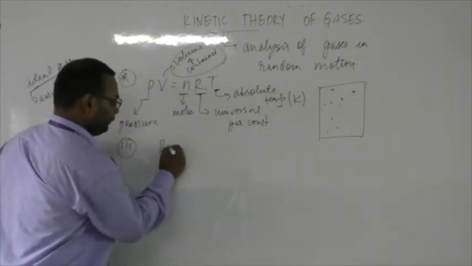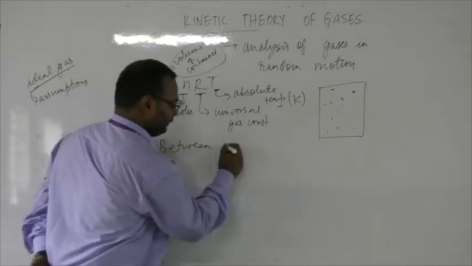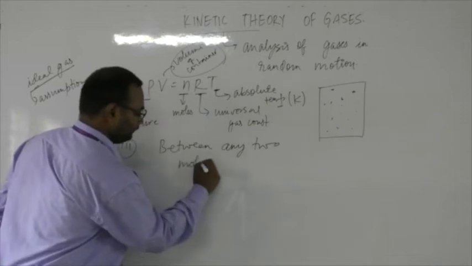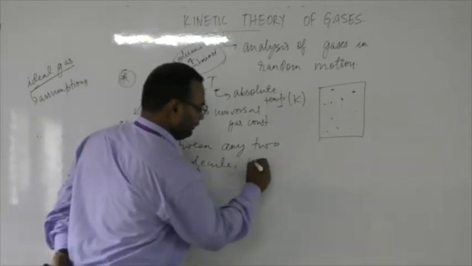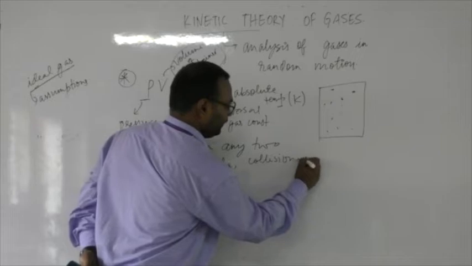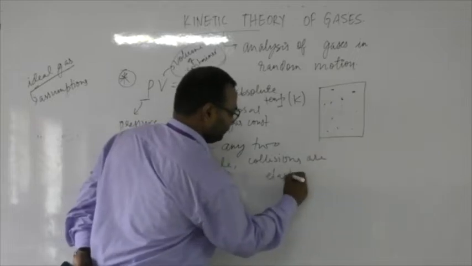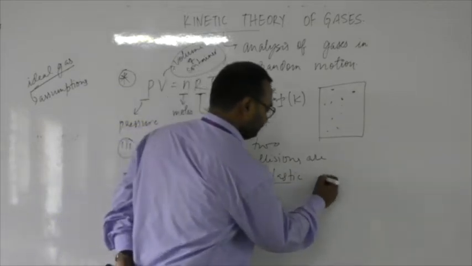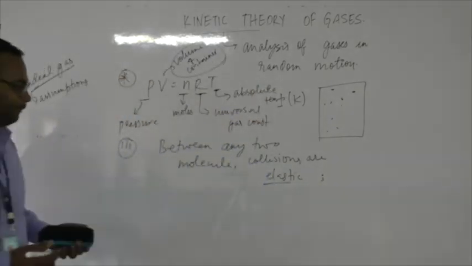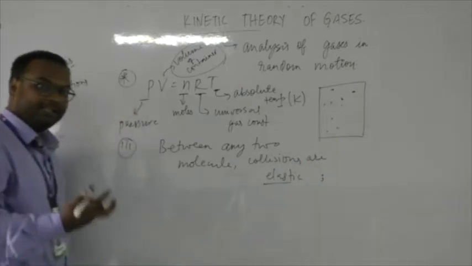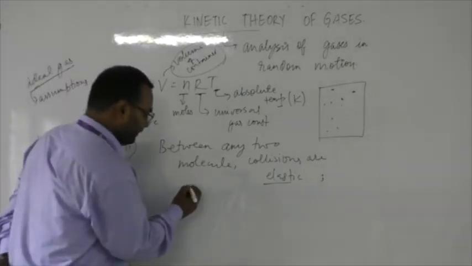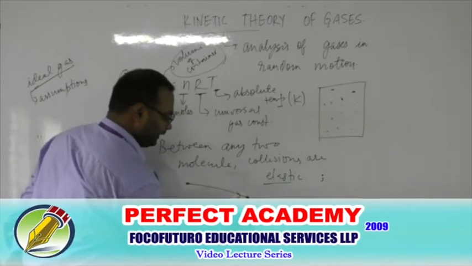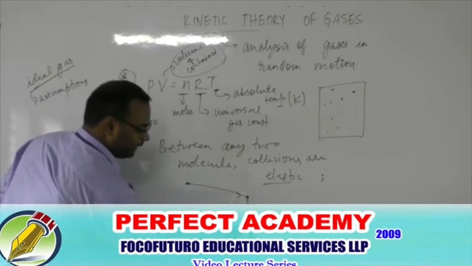So between any two molecules collisions are elastic. Plus, the time of collision is very small because there will be a successive collision. If I say three molecules are there, they collide here, and then this is colliding here with this particle.